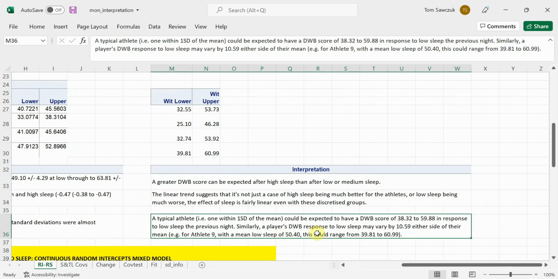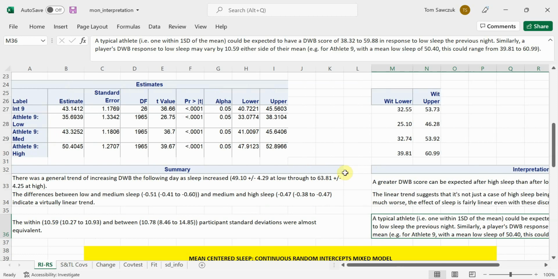Next, if we look at a player's individual response to low sleep, this can vary by 10.59 either side of their mean, and this is where the intercepts that we've looked at become really interesting. So using athlete 9's low sleep as an example, athlete 9 has a low sleep of 35.70.